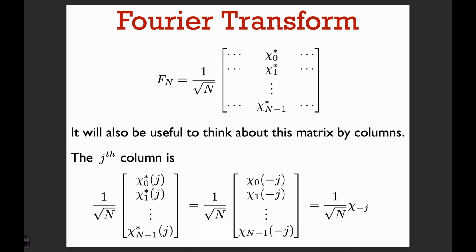So that's equivalent to this. And now we can exchange the subscript and the argument. So it's basically the character labeled by minus j. So the jth column of this matrix is the character labeled by minus j, normalized. Okay, so that's how to think of it by columns.